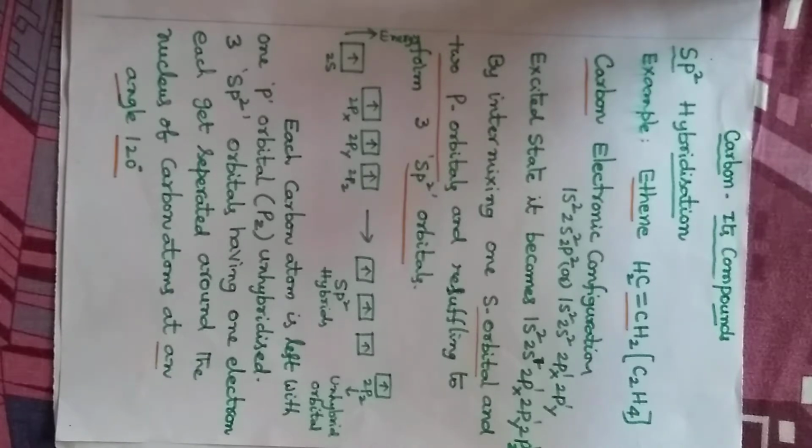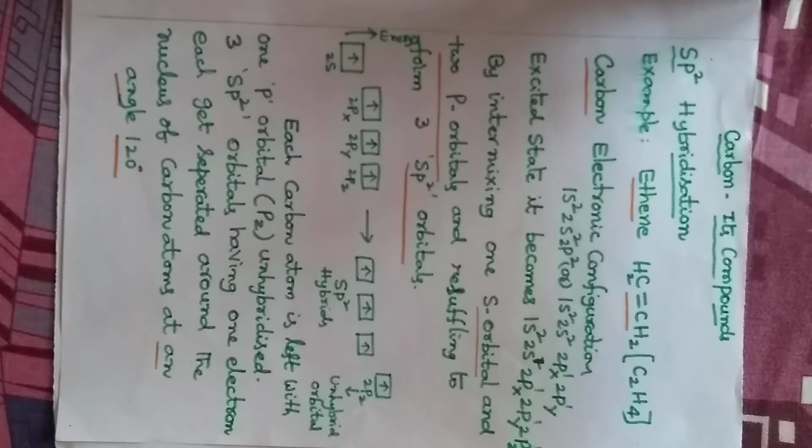Now go for the next point. Each carbon atom is left with one p orbital, that is pz, unhybridized. In each carbon atom, you know the electronic configuration and the excited state of the carbon atom. After sp2 hybridization, there is one unhybridized orbital. What is that unhybridized orbital? That is 2pz.